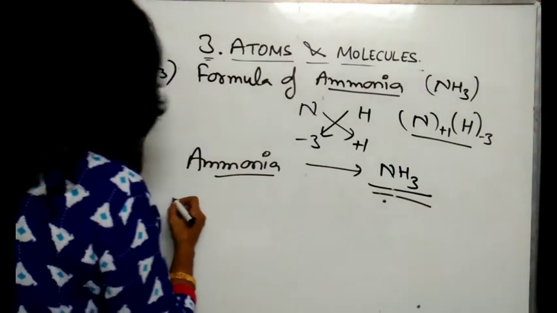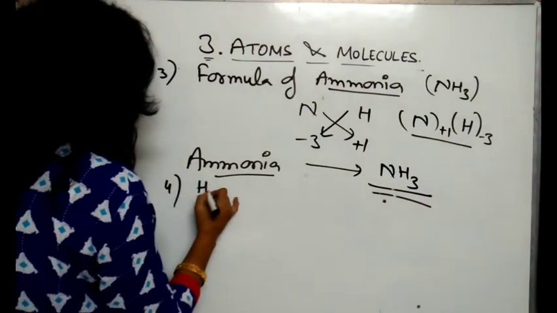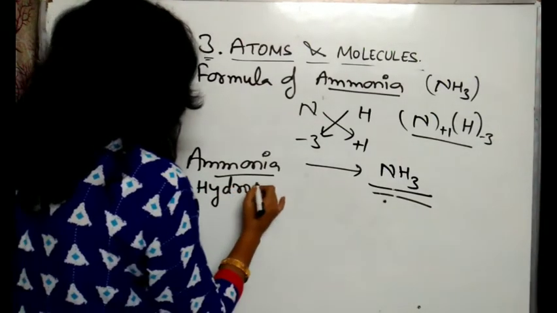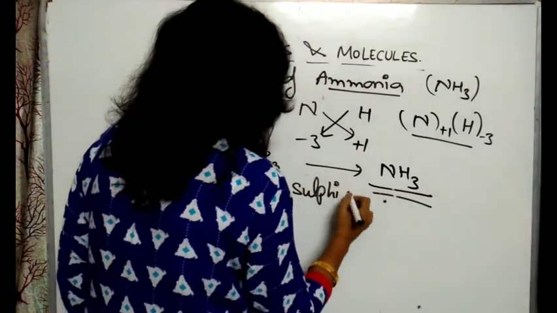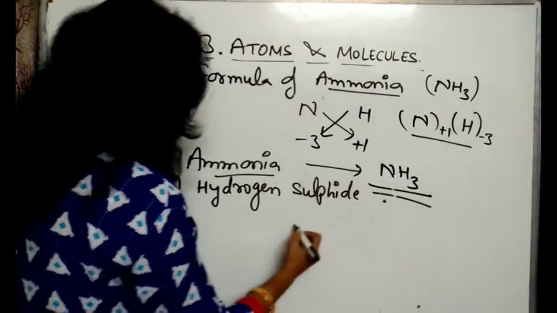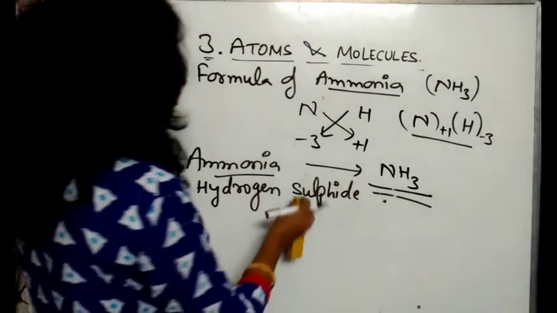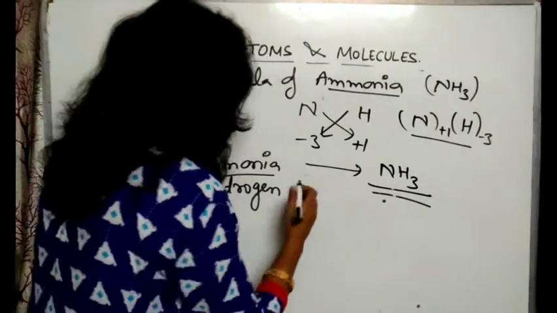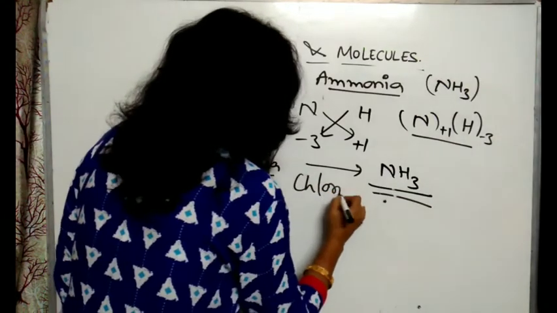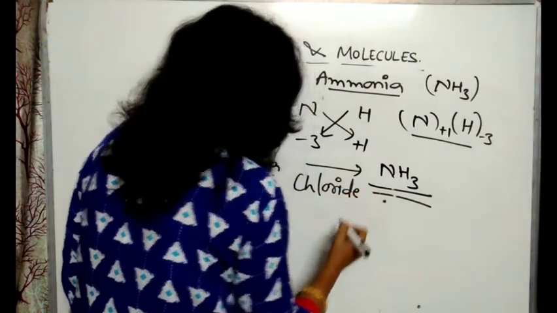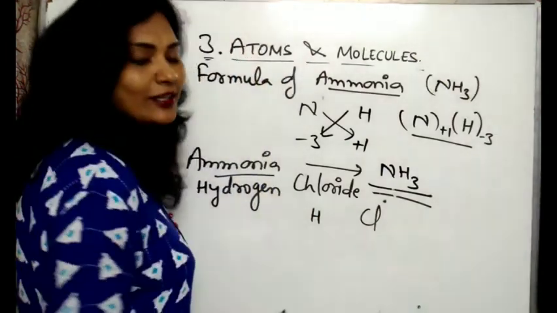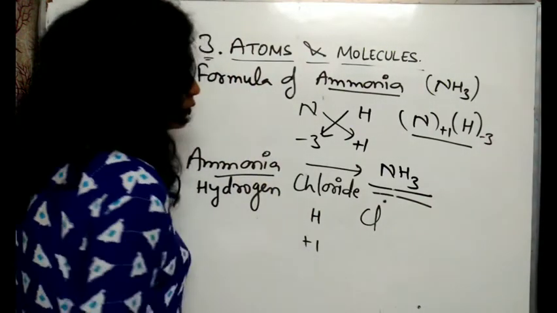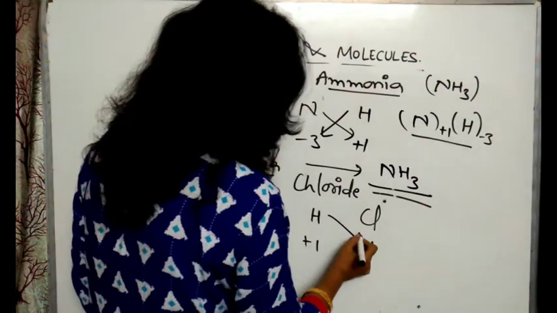Now next we can write the formula of hydrogen chloride, since hydrogen sulfide we have done. It contains hydrogen and chlorine, with +1 valency and -1 valency.